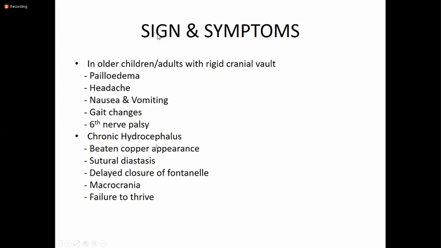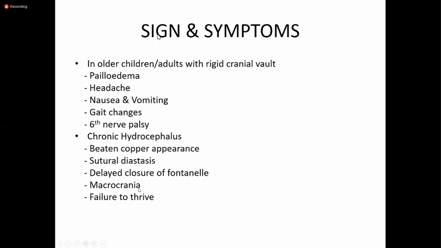In cases of chronic hydrocephalus in the older age group, like 5, 6, 7 years, there will be beaten copper appearance. I will show you the picture of this. There will be sutural diastasis. There will be delayed closure of the fontanelle if the age group is more than 1 year.